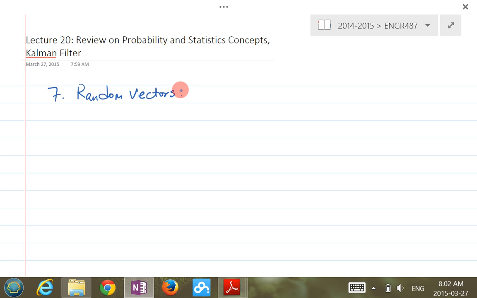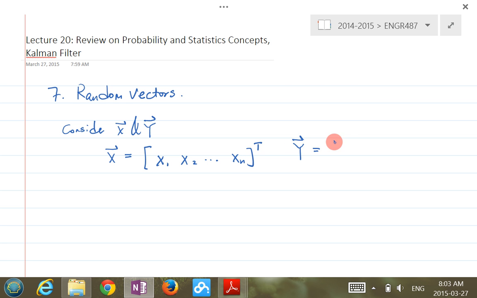So random vectors, basically, if you consider two variables, x and y, and they are vectors, and each vector contains n random variables. And the same thing for y.